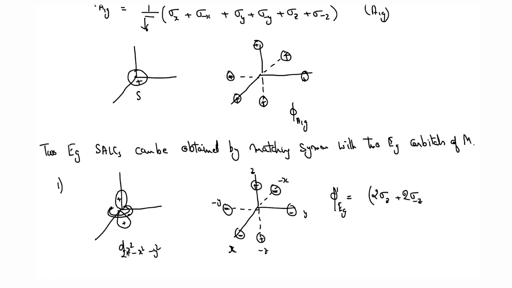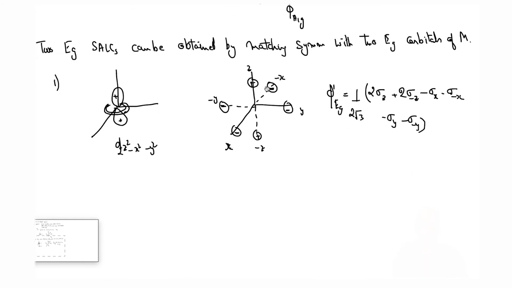So for 2z square, there will be 2 sigma z and 2 sigma minus z, and the rest will be minus sigma x minus sigma minus x minus sigma y minus sigma minus y. And the corresponding normalization coefficient will be 1 over 2 root 3, right? So I hope this is clear.